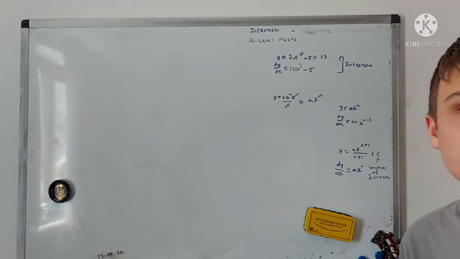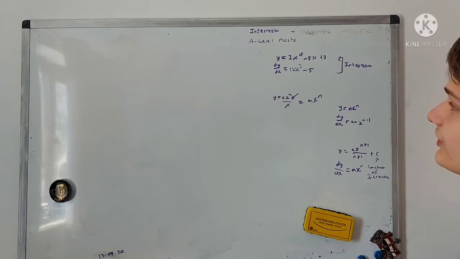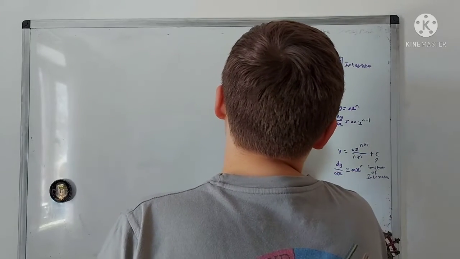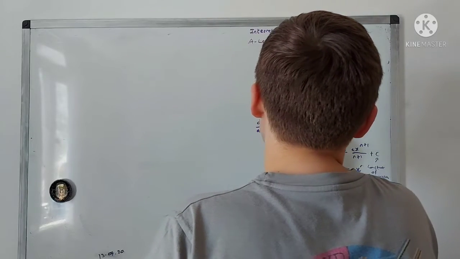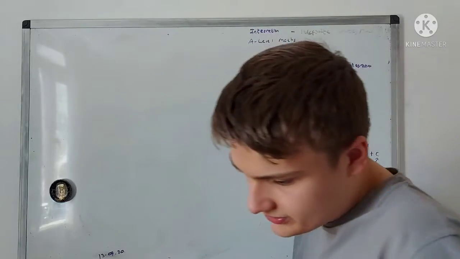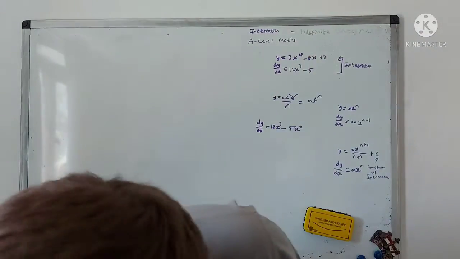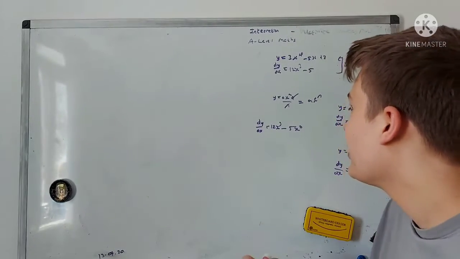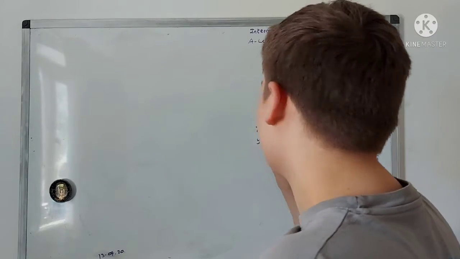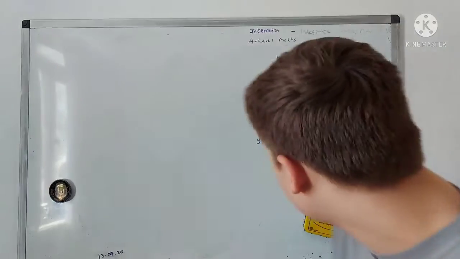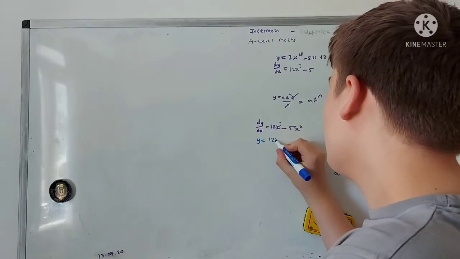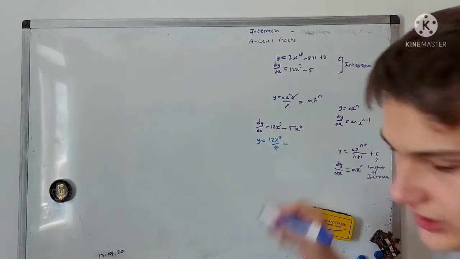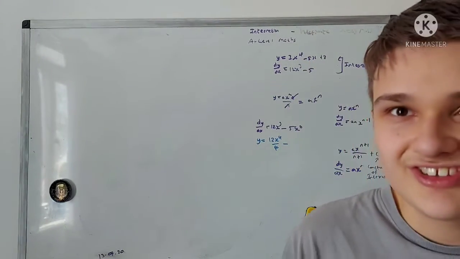For example, if I take my differential equation dy by dx equals 12x cubed minus, I'll write it as 5x to the naught, you'll see why in a moment, I'm going to try and get back to this y that we had. So what is my y then? Using the process I've just said, I'd have 12x to the 4 over 4 minus, well, this is going to be a bit stupid because I've got 5x to the 0.